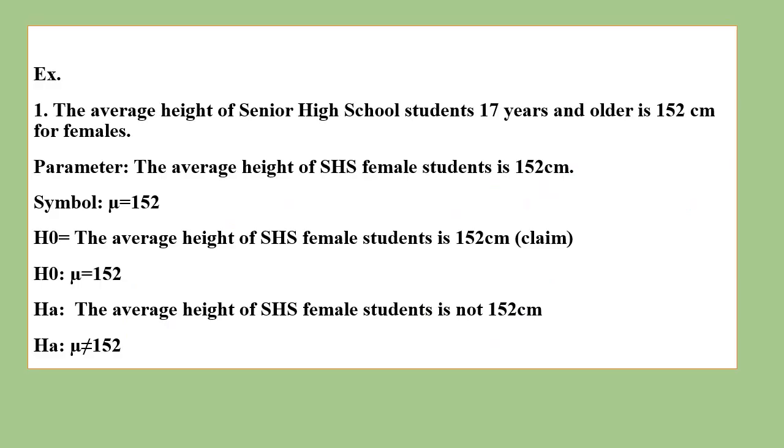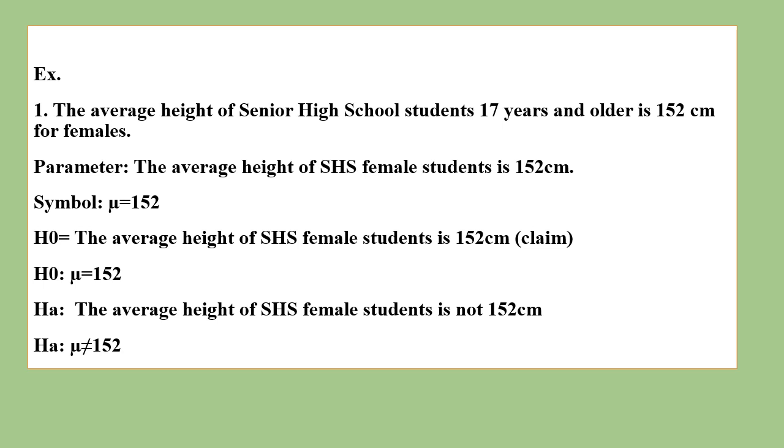So, we have here example number 1. This is an example of identifying the parameter to be tested. So, we already have our parameter, of course, the average height of senior high school students is 152 cm. So in symbol, that is mu is equal to 152 cm.